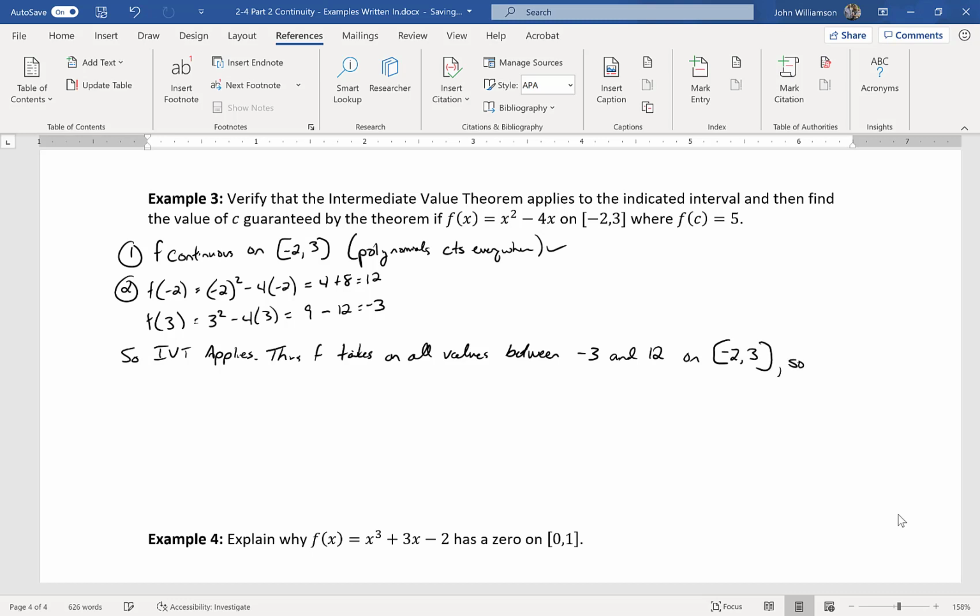So because of the intermediate value theorem, 5 is between -3 and 12, so there's going to be some c value in there where f of c is equal to 5.